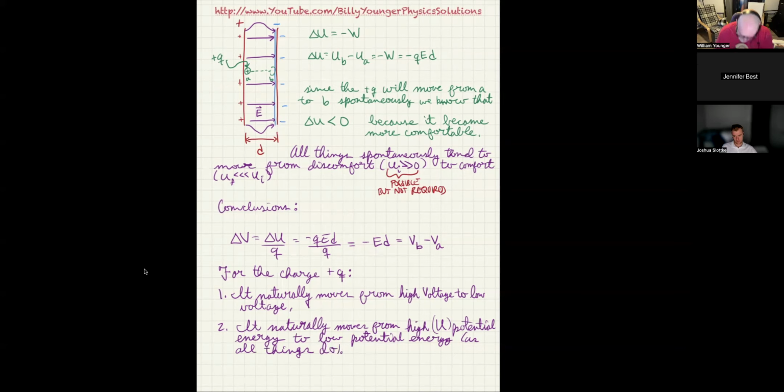Okay. So the positive charge definitely moves from high potential energy to low potential energy because everything does that. But we've also been able to put together that clearly it went from high voltage to low voltage.